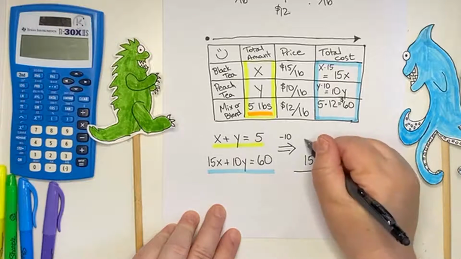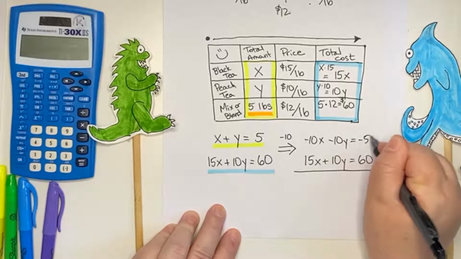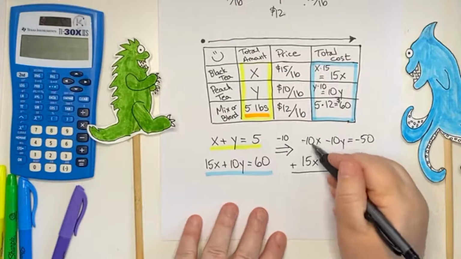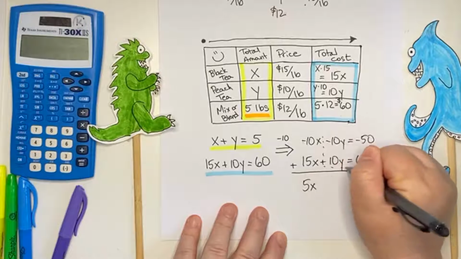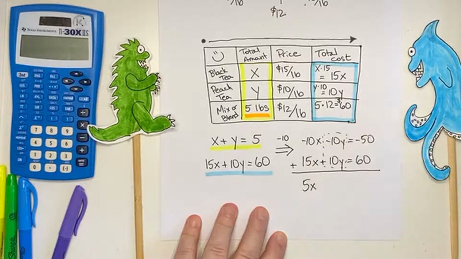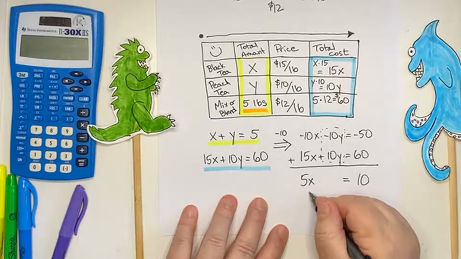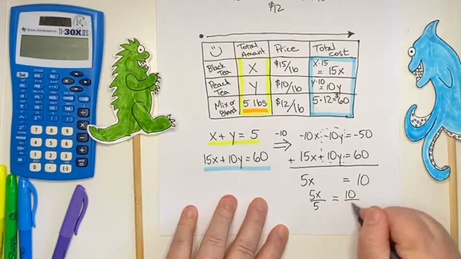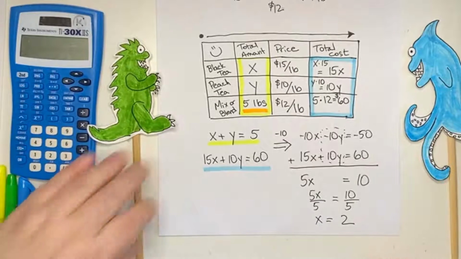Up top, I've got negative 10x minus 10y equals negative 50. And when I add them, I get 5x, the y's cancel out, equals 10. Oh my goodness, how lucky did I get? 5x over 5 equals 10 over 5. So x equals 2.